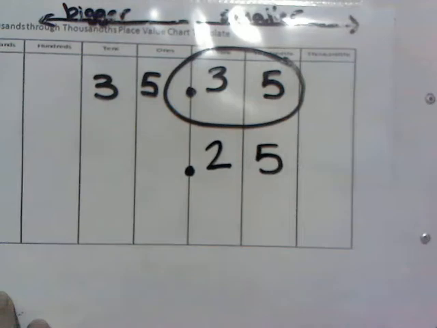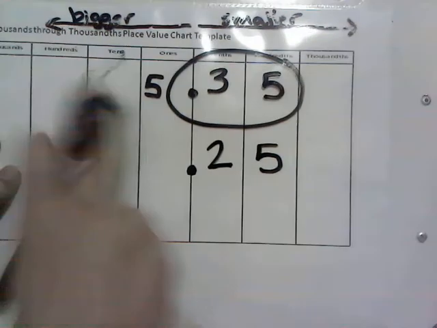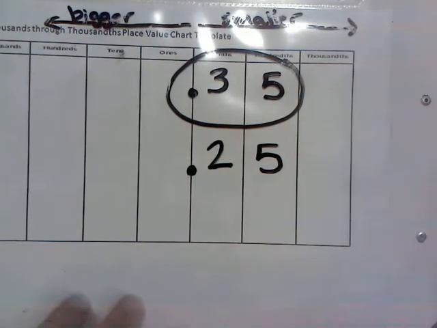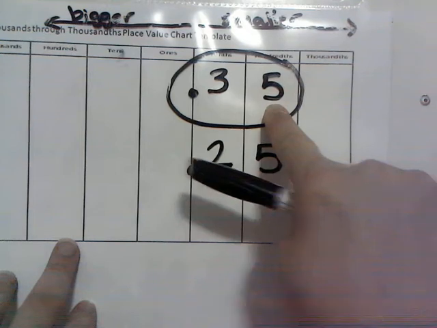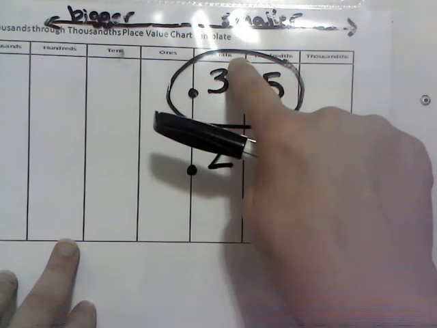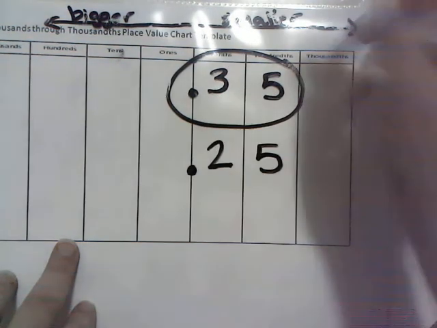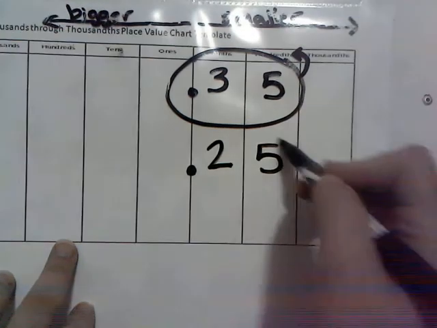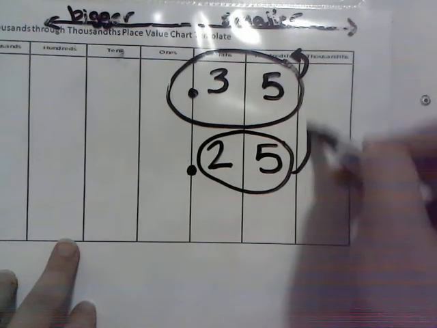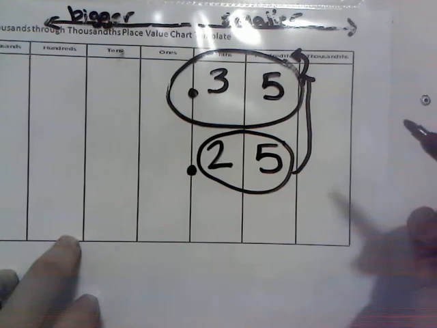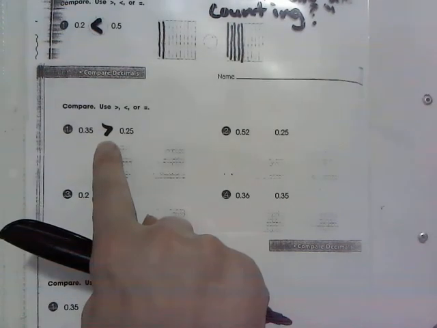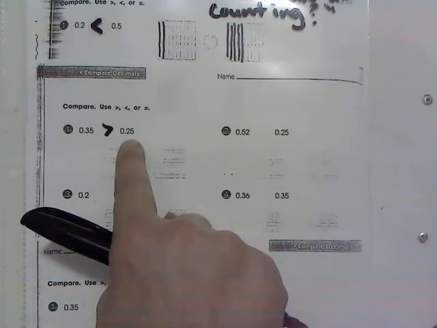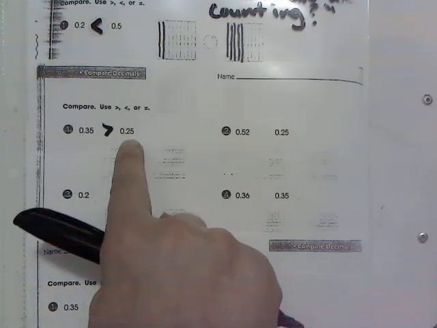Well, I would say the same thing here. I would see it together, 35, but I wouldn't say 35/10. I would say 35, wherever it landed, hundredths. 25 hundredths. So we would say 35 hundredths is greater than 25 hundredths.